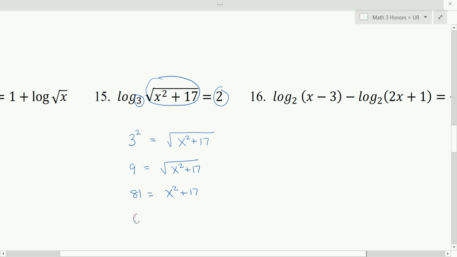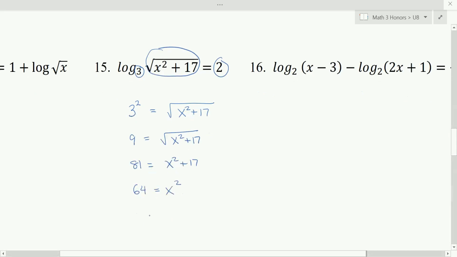Is it 64? I'm trusting Atticus here. It is, okay. And then we take the square root and get x is positive or negative 8. And we have to decide, can we keep them both?